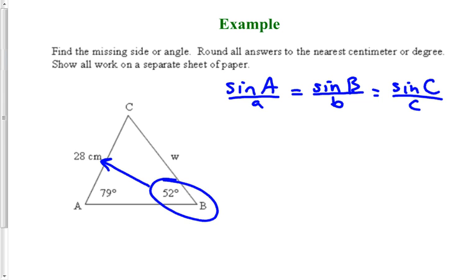So I know both parts of this ratio right here. So I'm going to fill those in. I have the sine of angle B, which is 52 degrees, and I know side B has a measure of 28.